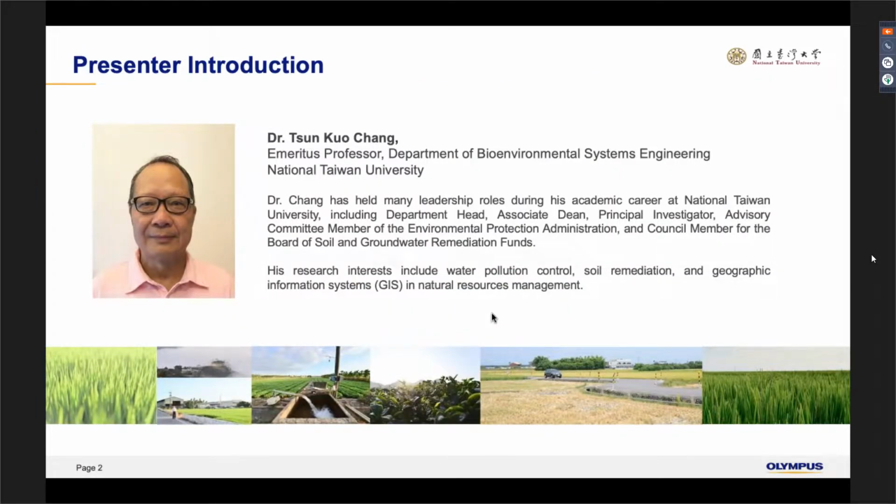Professor Chang is from National Taiwan University, and he has held many leadership roles during his academic career there, including department head, associate dean, principal investigator, advisory committee member of the Environmental Protection Administration, and council member for the Board of Soil and Groundwater Remediation Funds. His research interests include water pollution control, soil remediation, and geographic information systems in natural resources management.